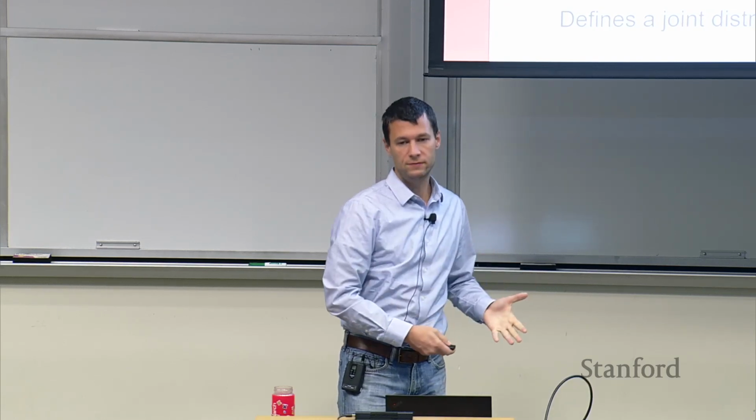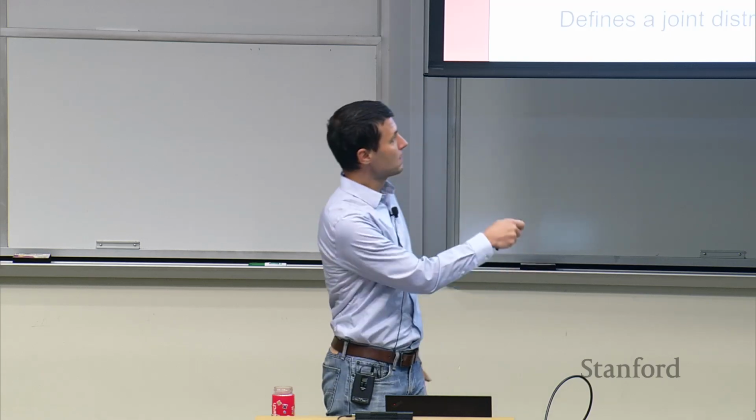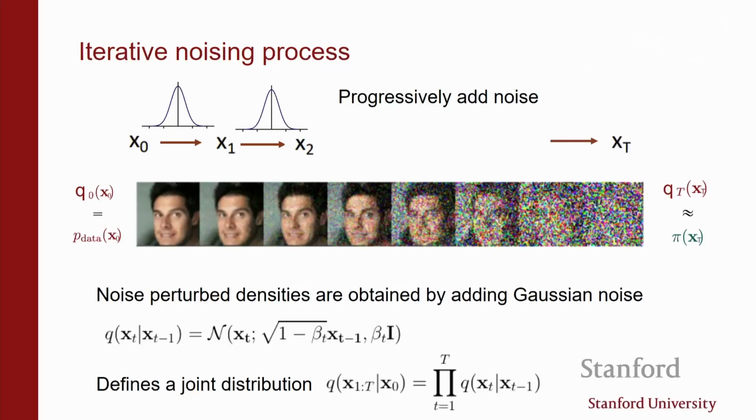Each one of the random variables, xt, has the same dimension as x0. It's t times the dimension of the original data point. And yes, the mapping is not invertible. We're adding noise at every step. So that defines a way of mapping a data point to a vector of latent variables through this very simple procedure where you just add noise to it.